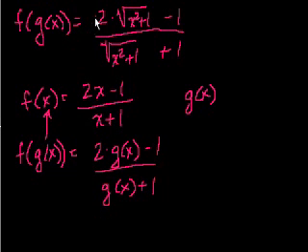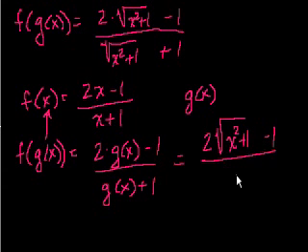And we also know that f of g of x is equal to this thing, right? Here we just took the g of x and put it in f of x. But we know that that is equal to this expression up here. So that is also equal to 2 times the square root of x squared plus 1 minus 1, all of that over the square root of x squared plus 1 plus 1.